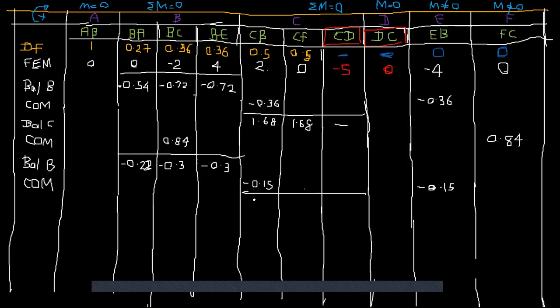So minus 0.15, you need to add positive 0.15. So these two parts will share, because this is already solved, nothing happens to that. You need to add 0.075 here. Since it's 0 point something, I will stop it. Always good practice to stop at a balance point. Okay, balance C.